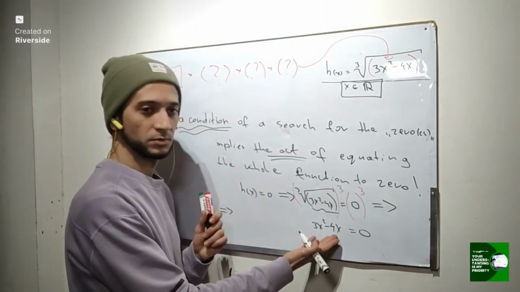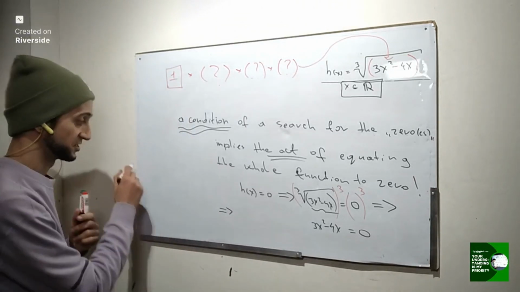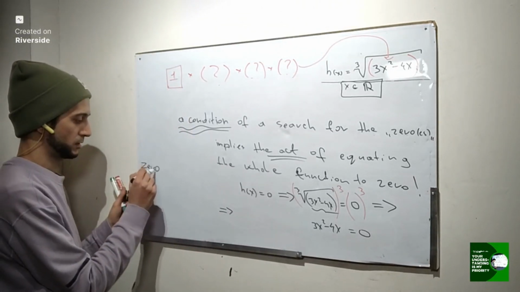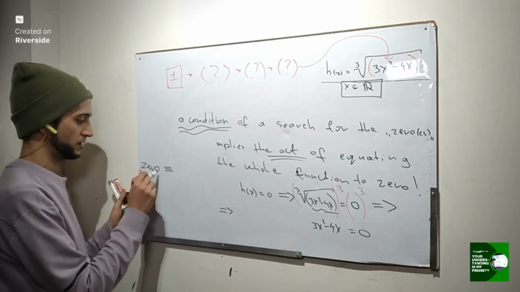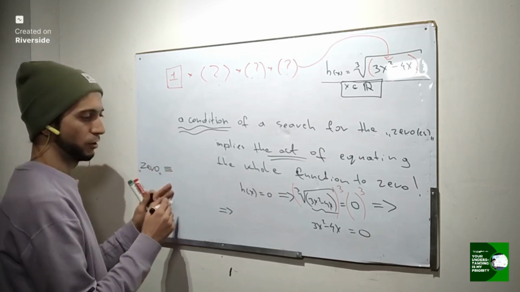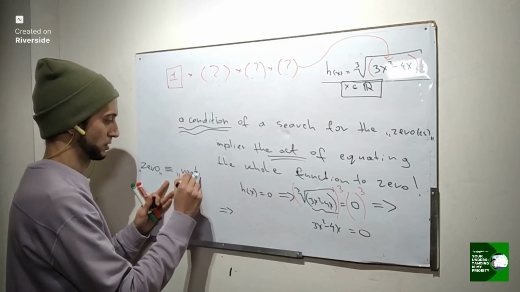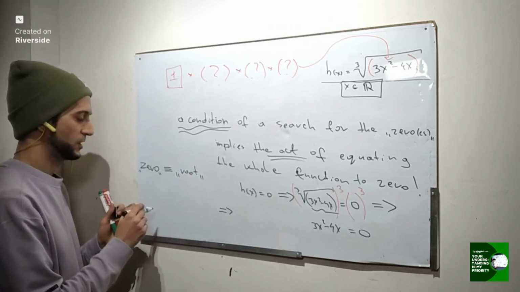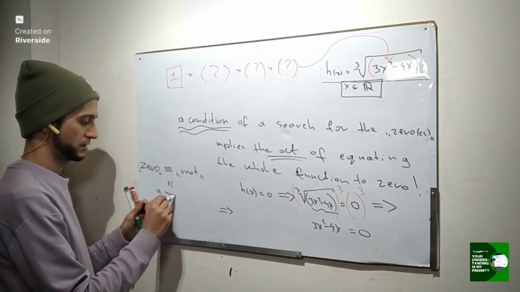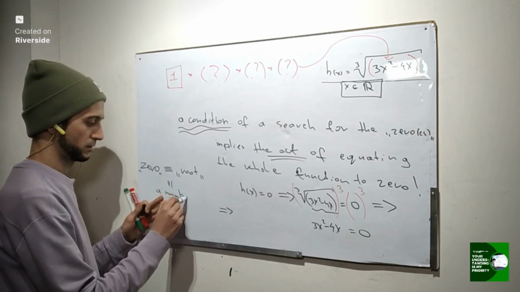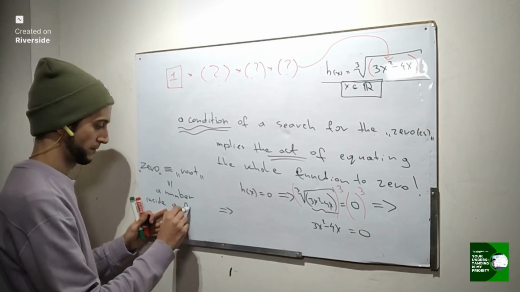Okay, and now it's a very simple situation. Now, what you have to remember is always the fact that zero as an idea is equal in its definition, in its meaning, to the idea of a root, but it's also equal to the idea of a number inside a factor.